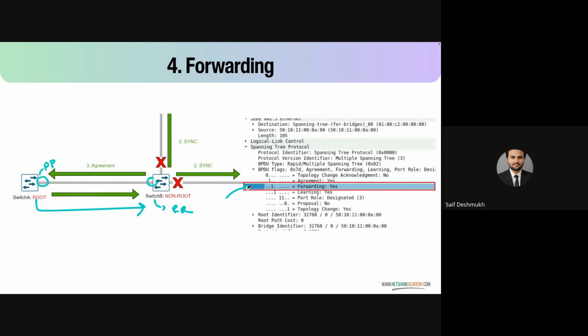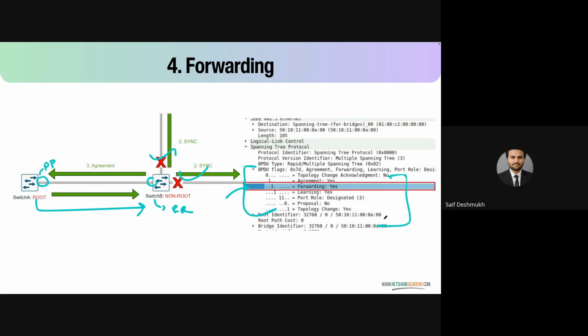Forwarding means everything is fine. The 4-step mechanism is done. After that, this switch can remove the block status on those interfaces. And it is doing all that using flags only. They communicate using flags only. That's all.